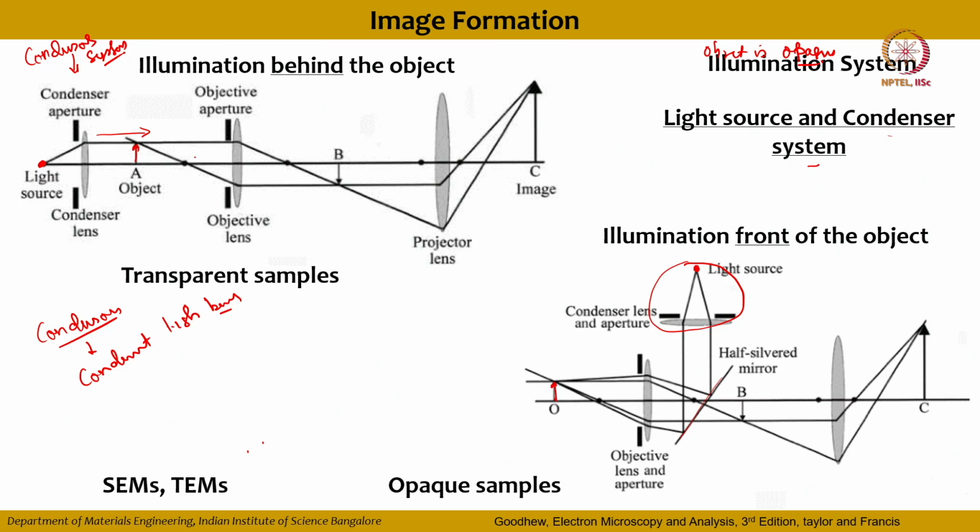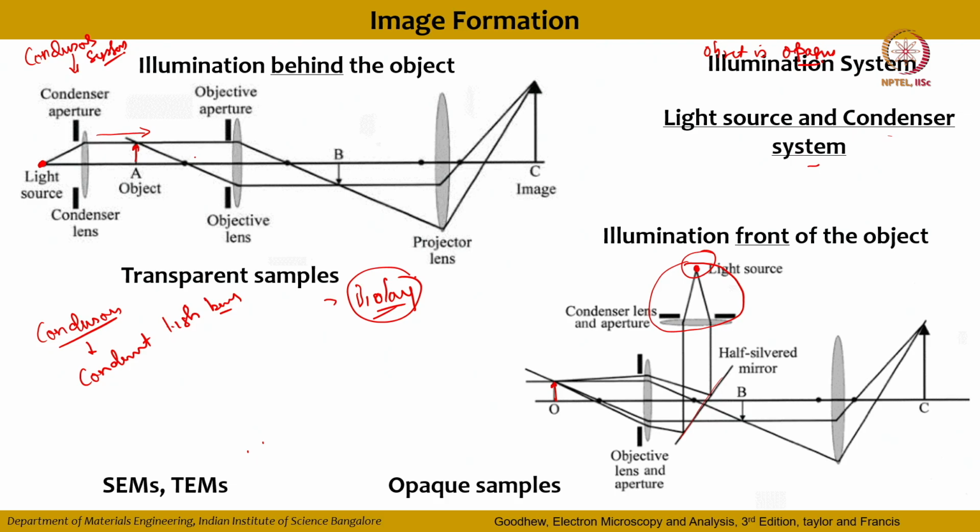So this is called the condenser lens system. If transparent samples, as we know that most of your biological samples are transparent, you use the light source behind the object, and most of the metallic samples or the bulk samples are opaque objects. So you will use the light source in front of the objective lens.